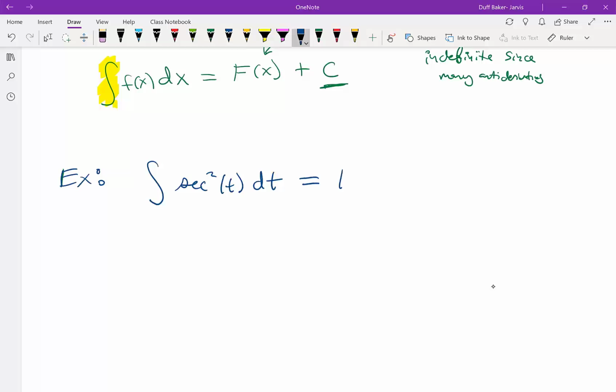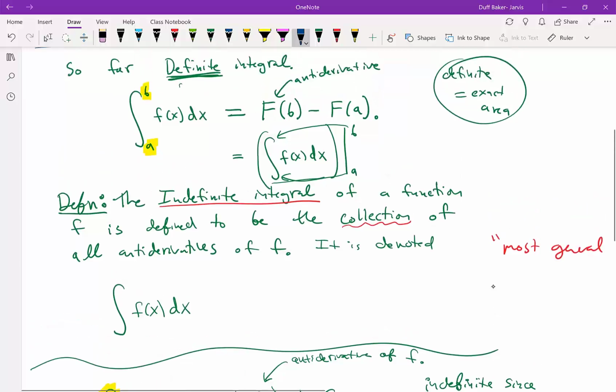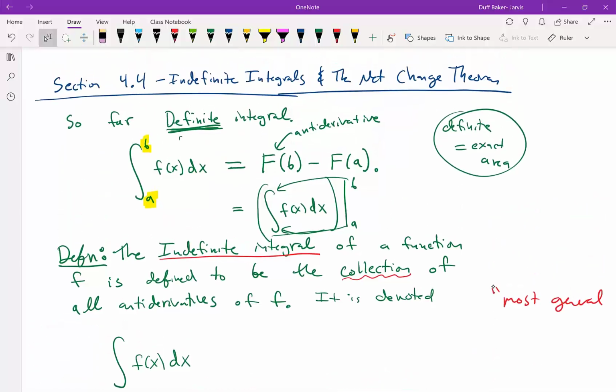So by now we should be able to tell that an antiderivative of this is just tangent of t, because its derivative is secant squared. But to make it the most general antiderivative, we put our plus c in to say, well, this is all possible antiderivatives. There's one for each value of c. And that's really all there is to it, right? So when you're doing a definite integral, you first basically take the indefinite integral and then you plug in, right?